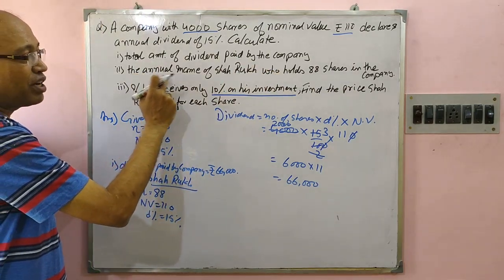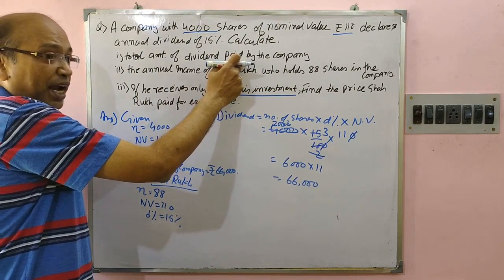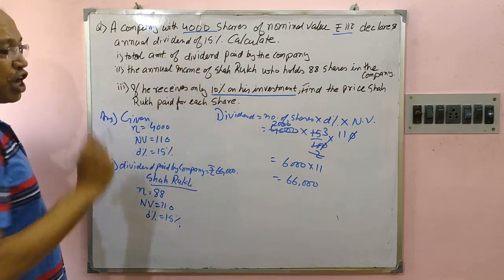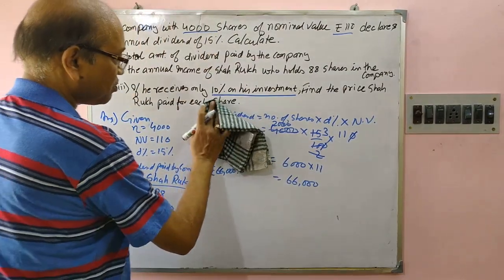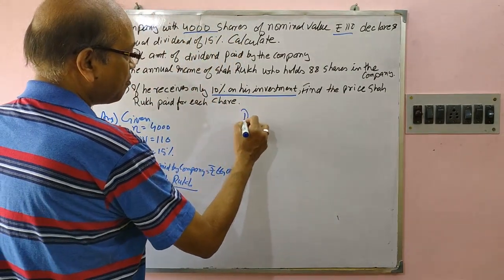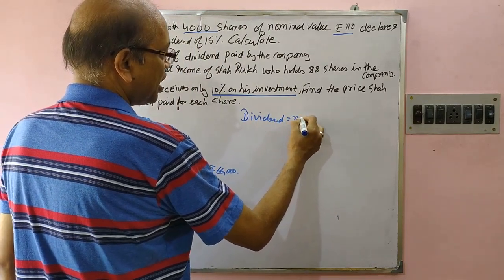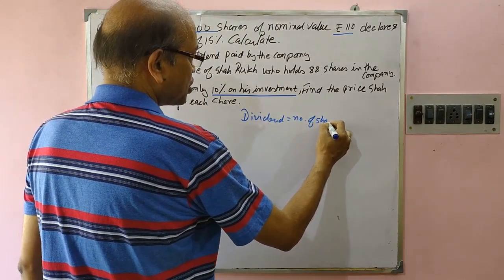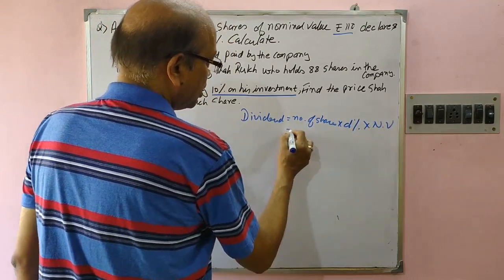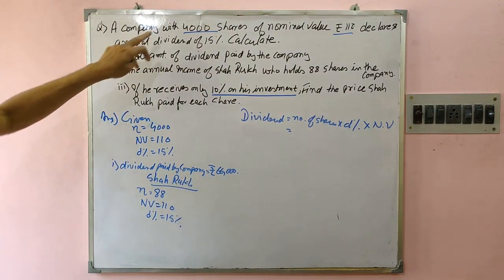Then how much did Shahrukh get? What is the annual income of Shahrukh? Here it was the total amount paid by the company. Here we have to calculate the amount received by Shahrukh Khan. Dividend is again number of shares into D percent into nominal value. Here the number of shares is for Shahrukh, not for the company.